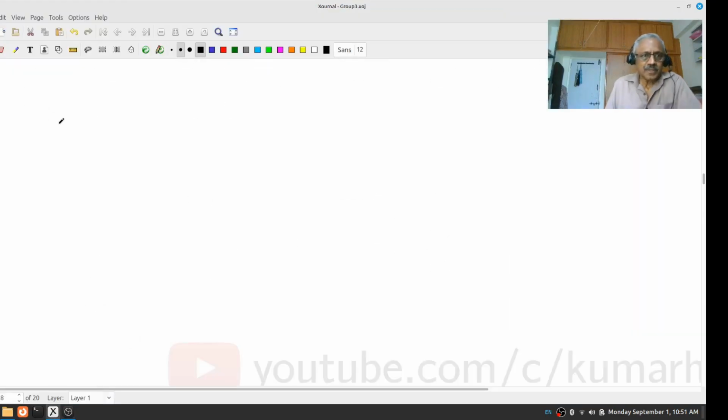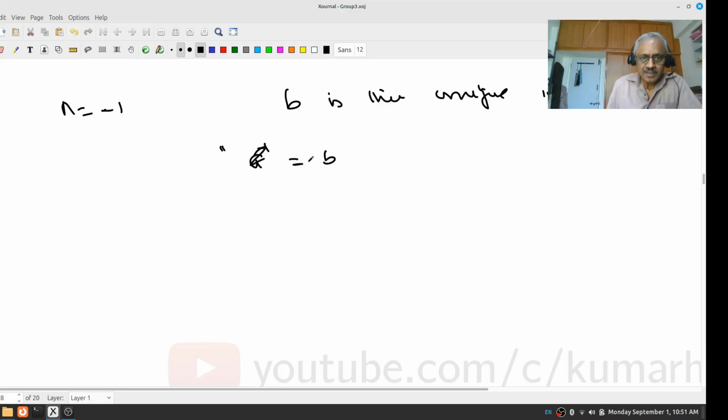So, when n equal to minus 1, then if B is the unique inverse of A, then a to the power minus 1 is B. But this is a notation now, that is a to the power n is my B, but n happens to be minus 1.